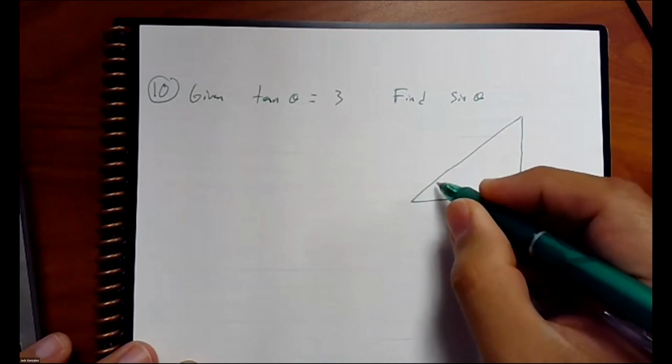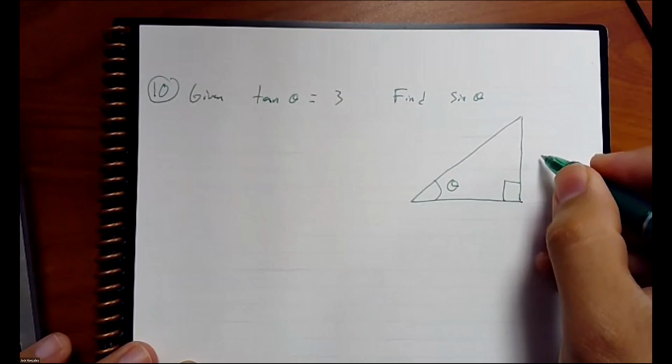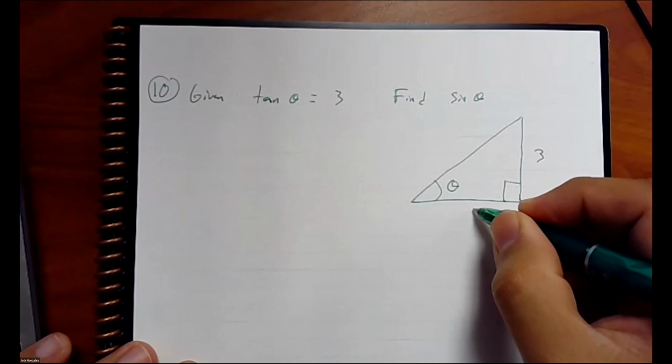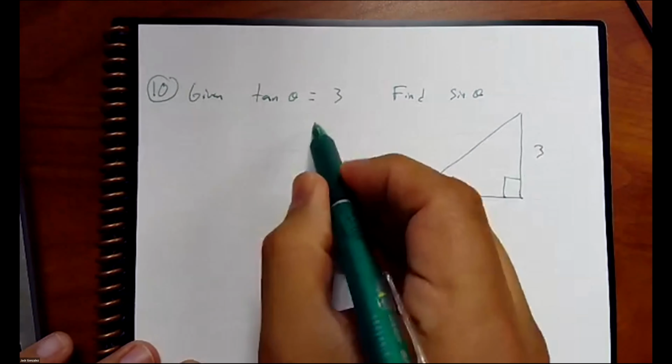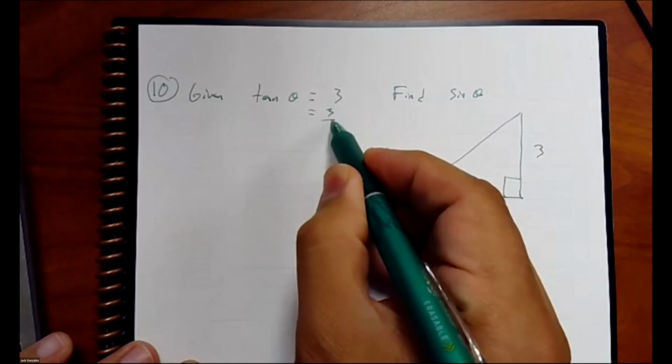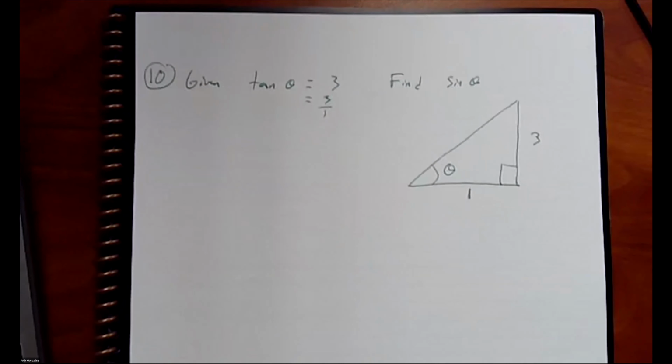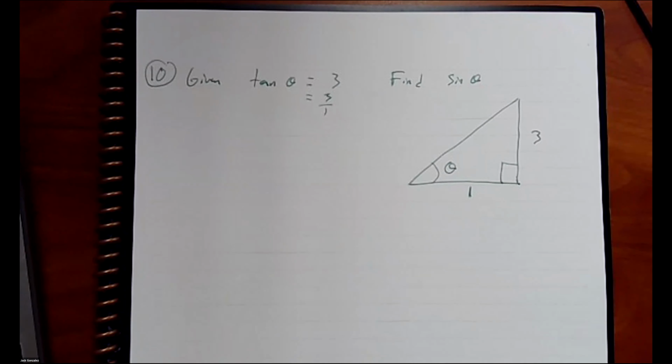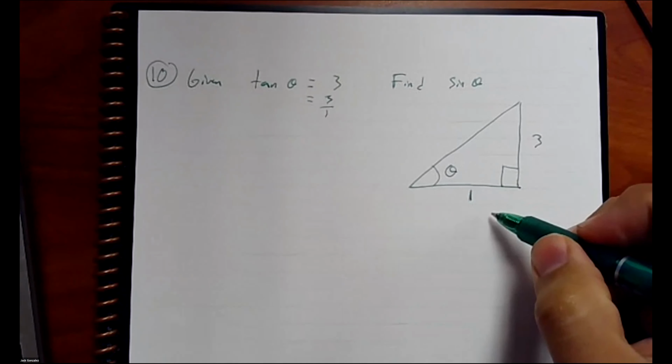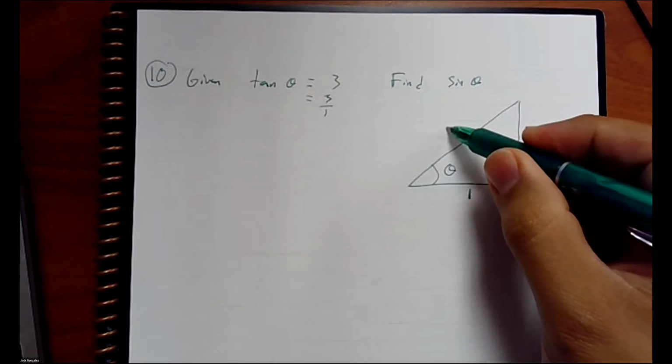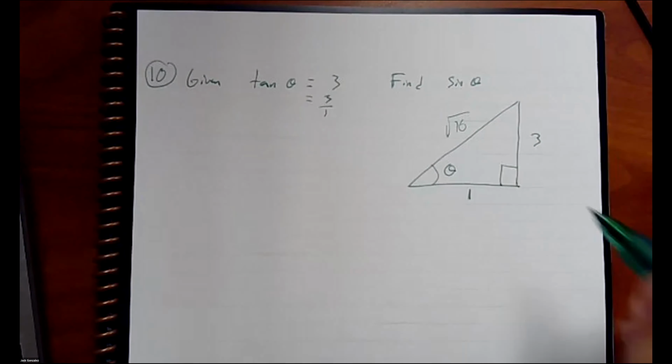So if I put theta here, opposite would be 3, adjacent would be 1, right? Because there's always a 1 technically underneath. To find the hypotenuse, 1 squared plus 3 squared, that'll be square root 10.